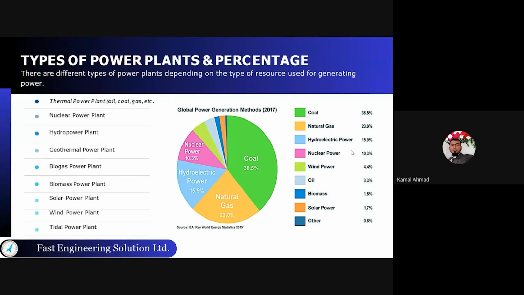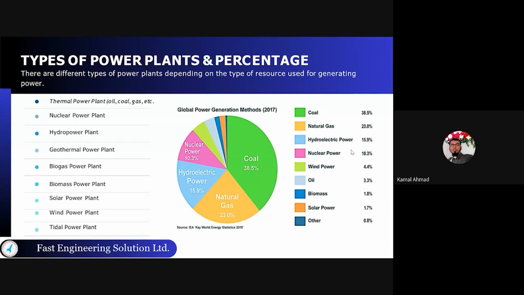Now we are looking at the types of power plants and the percentage of power generation in the global power scenario. We can easily observe that the major natural resource we are using right now is coal. Coal is a huge contributor to the carbon footprint in Bangladesh and in the whole world.